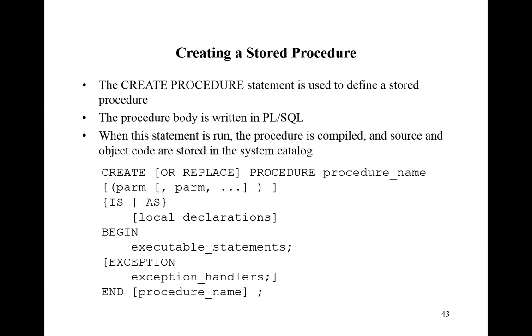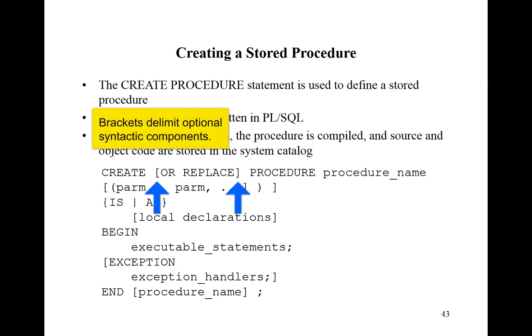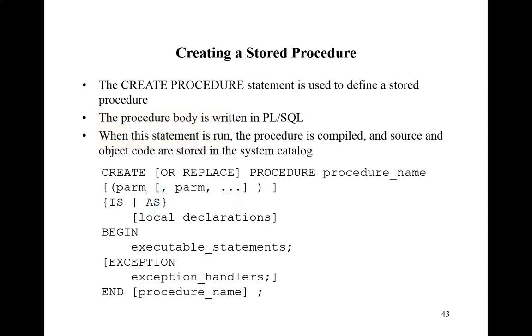As we examine the syntax for the create procedure statement, we see several locations where there are square brackets. Recall that these square brackets in our syntax diagram indicate optional components. So we could begin by simply saying create procedure, give it a name, and so on. We alternatively could say create or replace procedure, in which case if the procedure does not exist, it will be created.